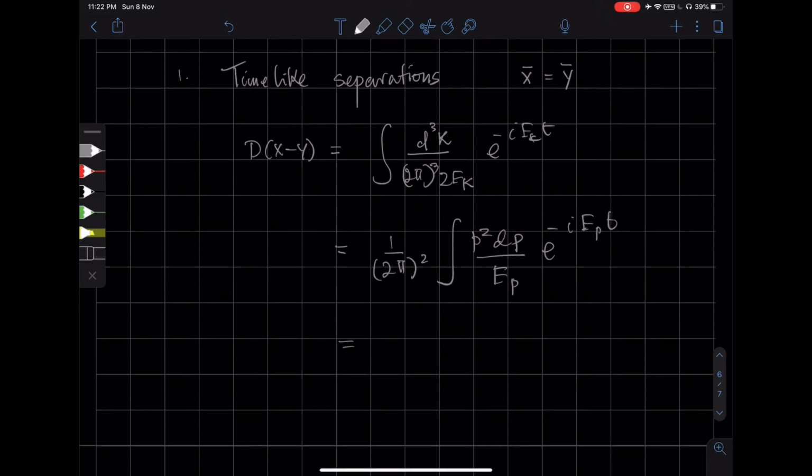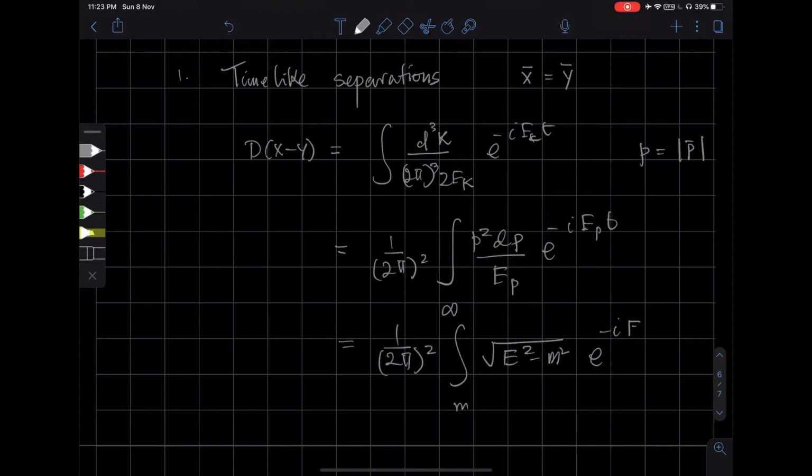And then I make a change of variable from p, where p here is the modulus of the 3-vector p, to energy. Then the integral becomes an integral from m to infinity, with an integrand which is the square root of E squared minus m squared, e to the power minus i E t, dE.